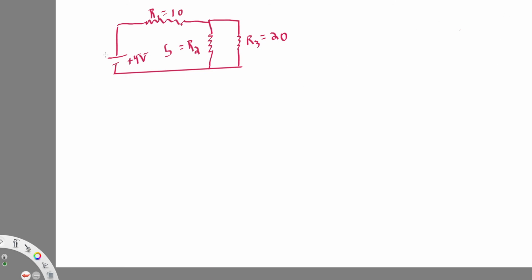So my question here: what currents should we expect to see at various points in the circuit? Right, so what are I1, I2, I3? Our currents.